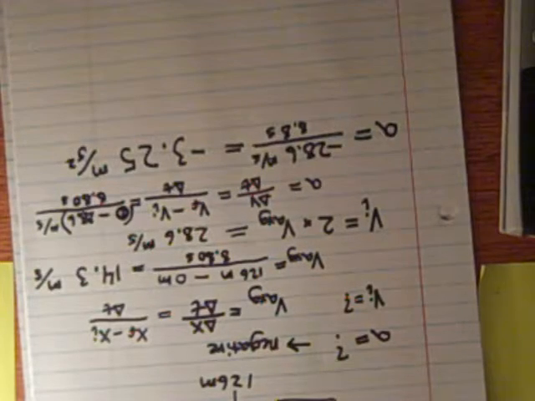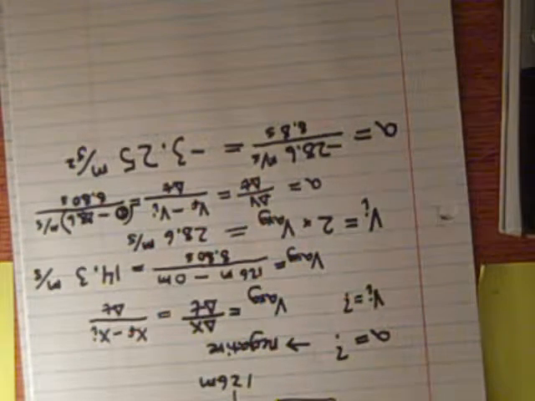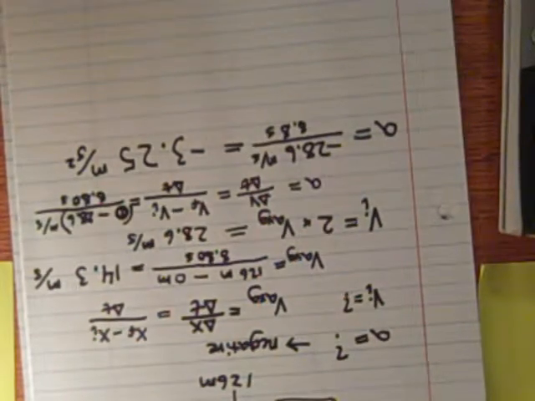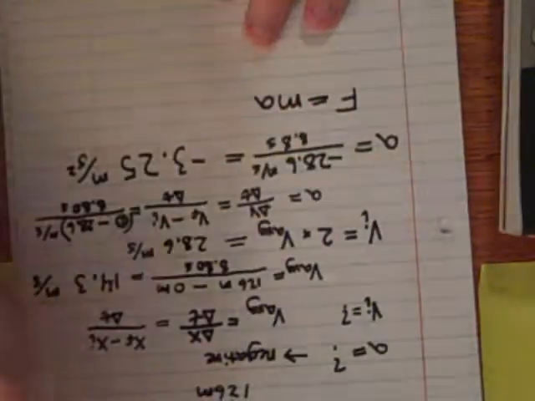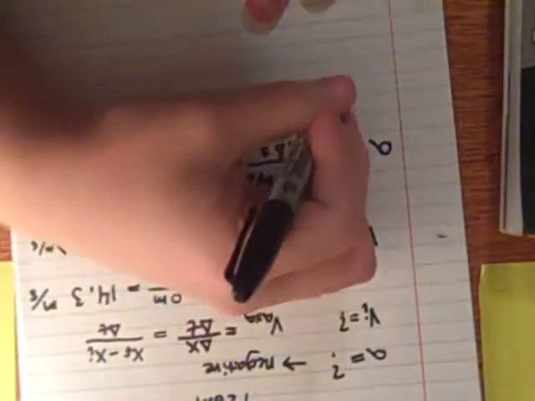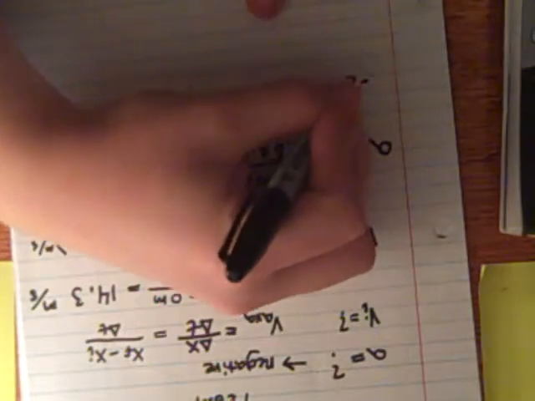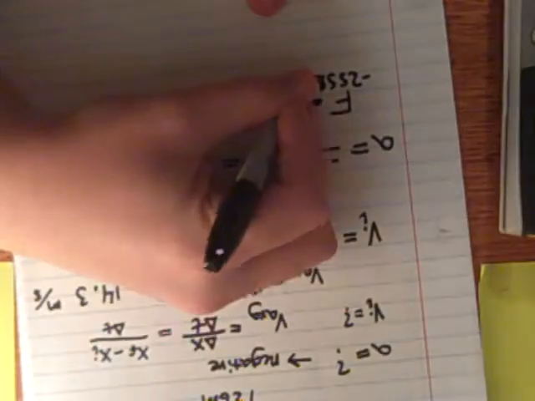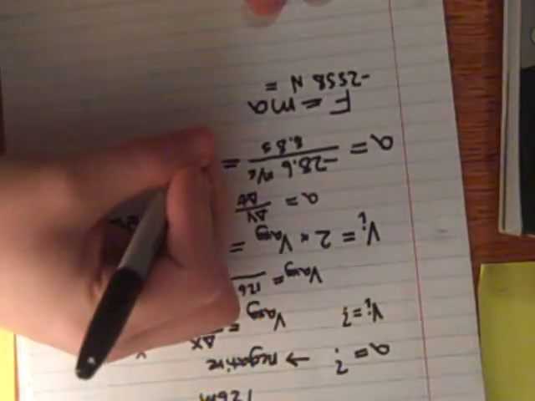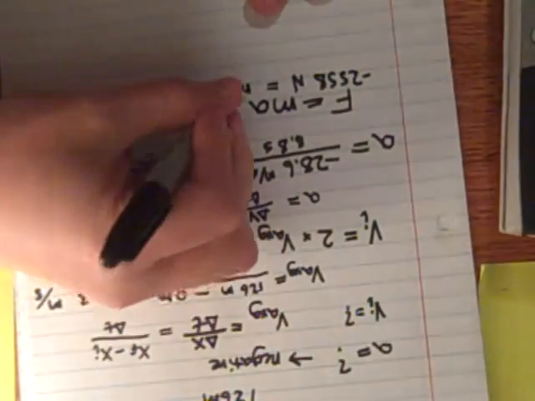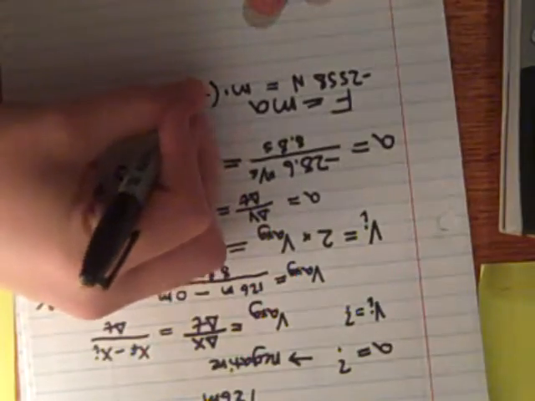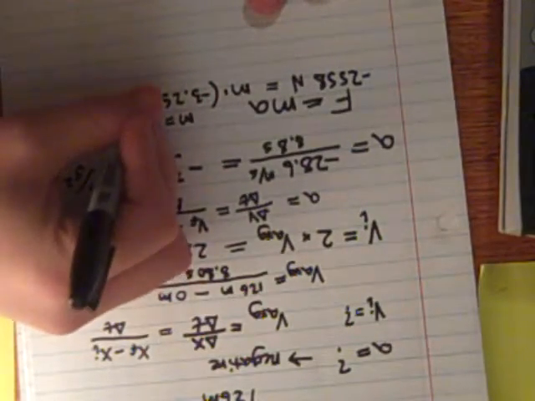The second part says if it took a force of negative 2,558 newtons to stop the car, what is the mass of the car? Now this is a good little question. What we do is say force is equal to mass times acceleration, right? Force, they give us that, negative 2,558 newtons, is equal to mass, which we're trying to find out, times acceleration, which we just figured out, negative 3.25 meters per second squared.